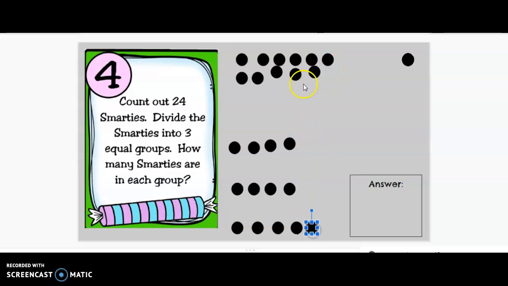So you can see we're almost done dividing up our Smarties into our 3 equal groups. Remember, boys and girls, you can put them in a group 1 at a time.